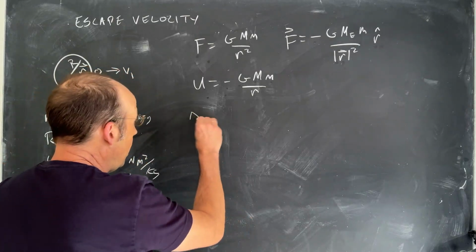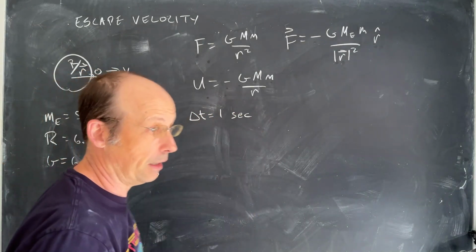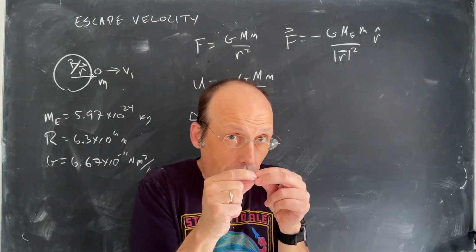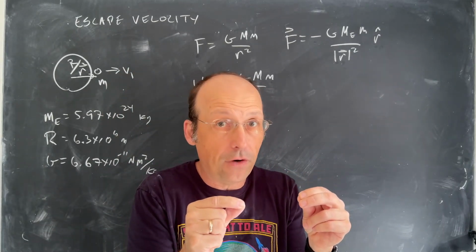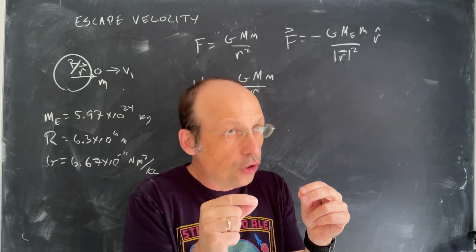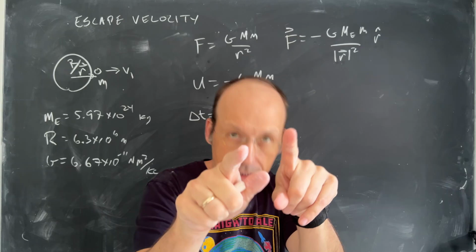Now, if I break my motion into short time intervals of, let's say, 1 second, if I'm dealing with the Earth, how far does an object move in 1 second? It doesn't move that far. So I can assume that the gravitational force is constant. It's not, but I can assume it.